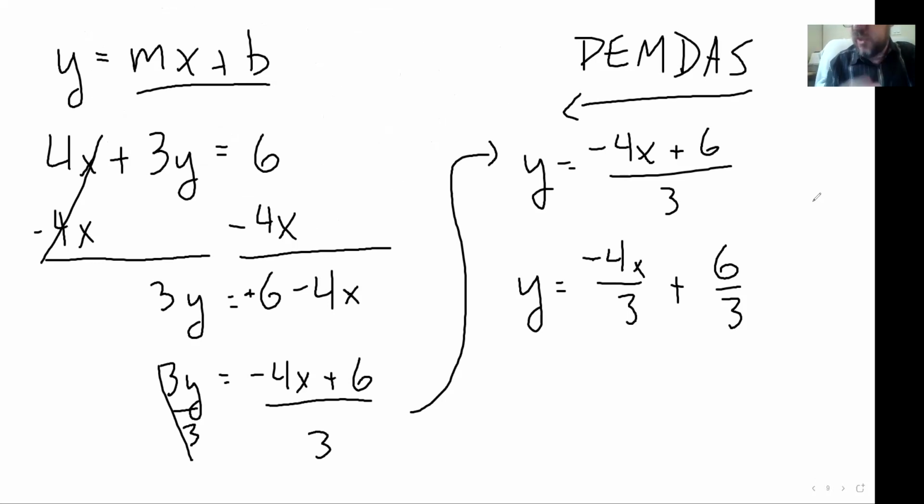And then I'm going to rearrange this just a little bit to look like this. 6 over 3 is 2, right? And now I have the form that I wanted, mx plus b.